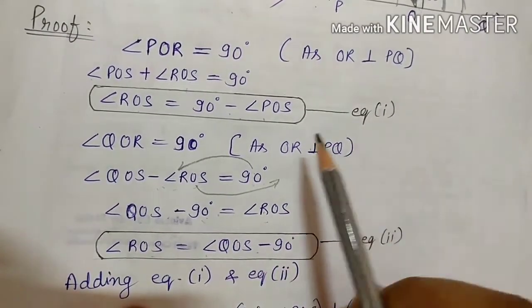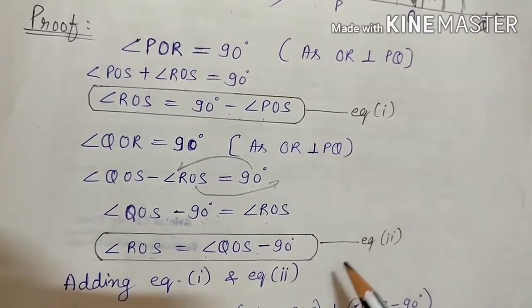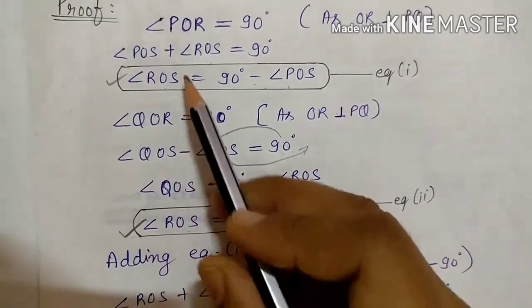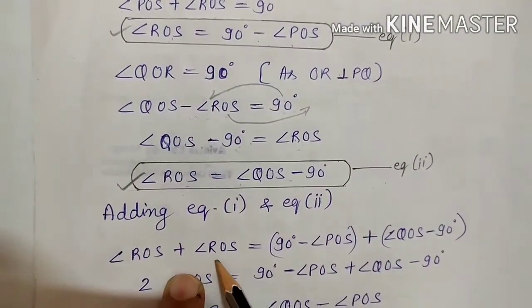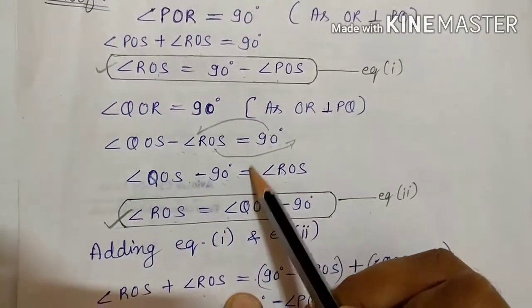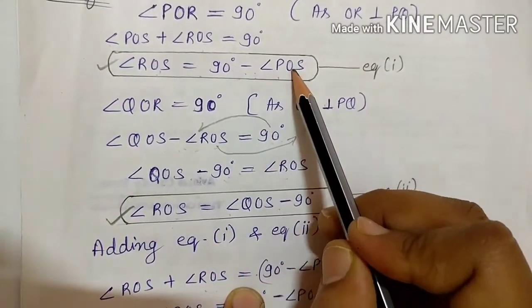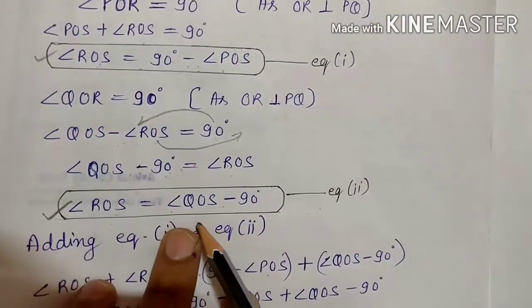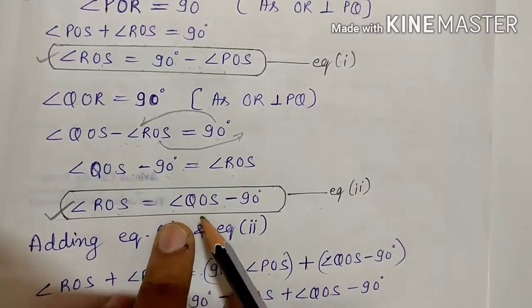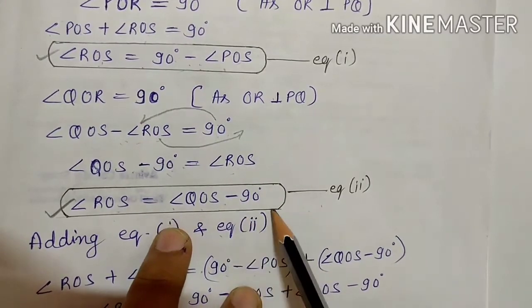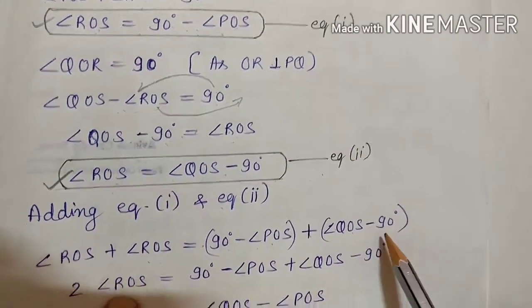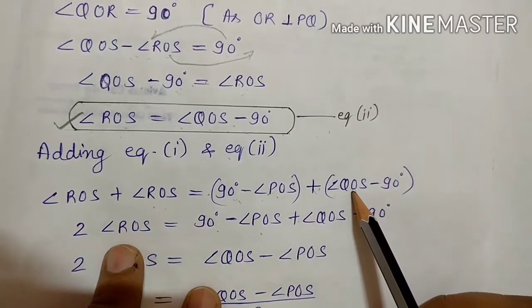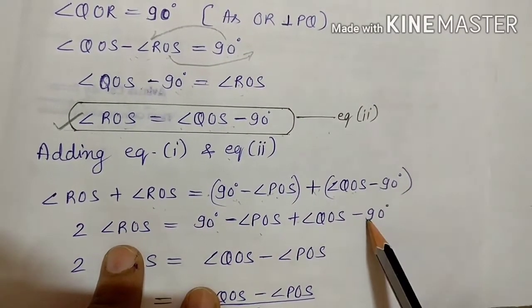Now we are adding equation 1 and equation 2 both. Just check here. Angle ROS we are adding 2 times, equals 90 degrees minus angle POS from equation first, plus angle QOS minus 90 degrees from equation second. When we open the bracket, 90 degrees minus angle POS plus angle QOS minus 90 degrees.